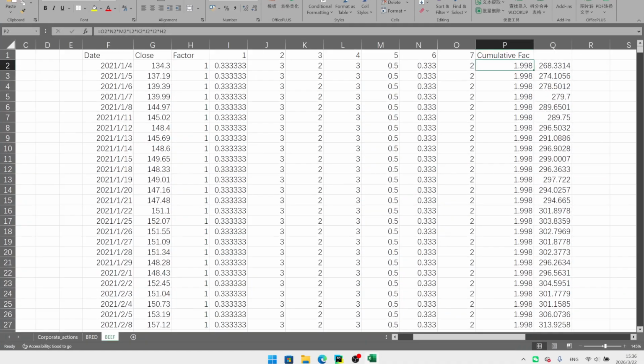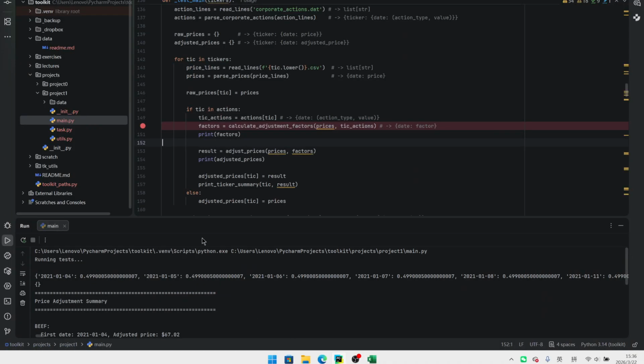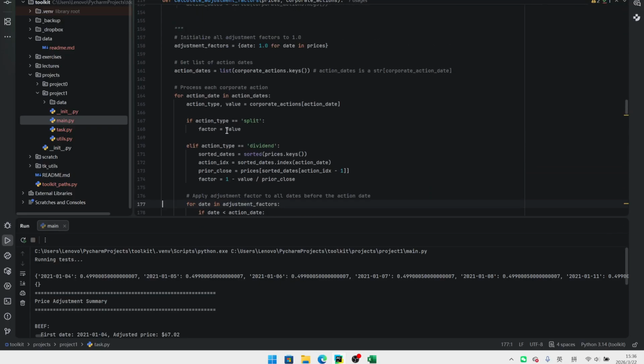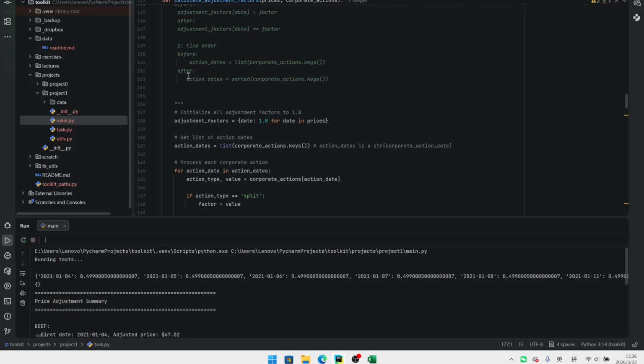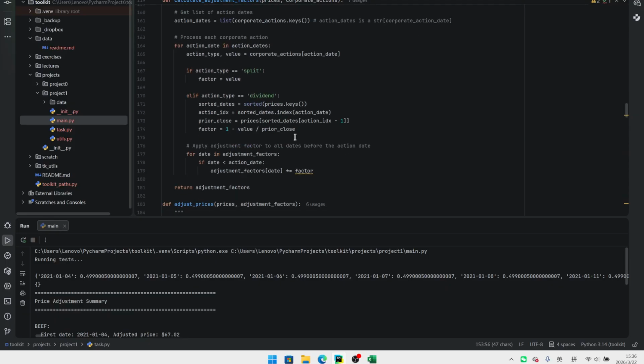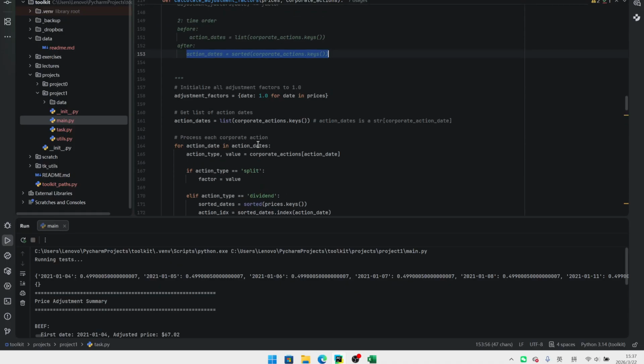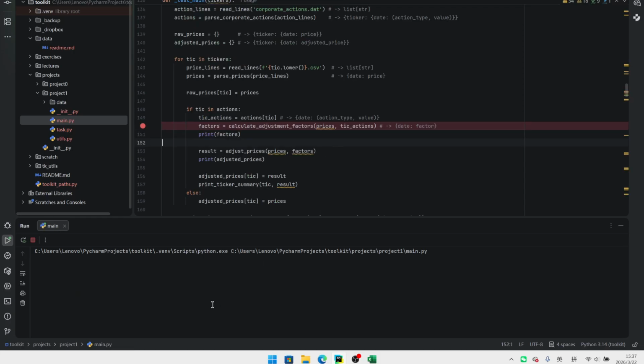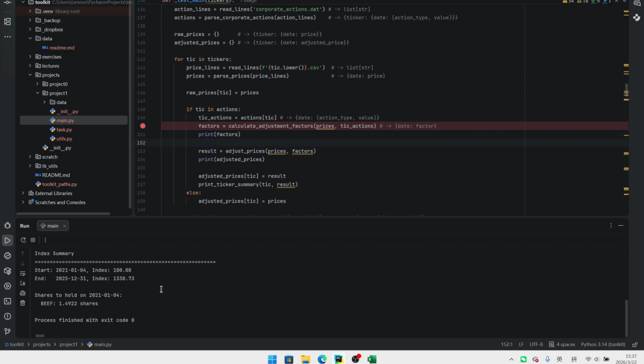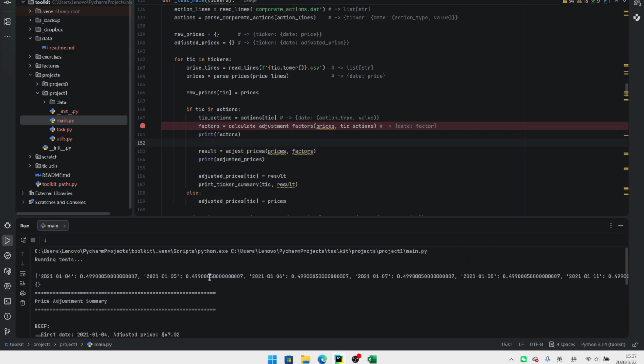Why? What's wrong with that? Should I use the sorted dot key in the action date? Same as well, and do it again. No, the same outputs. So what's the problem with that?